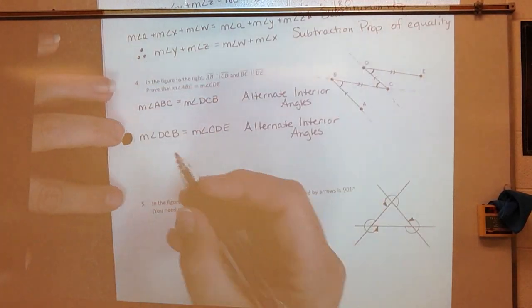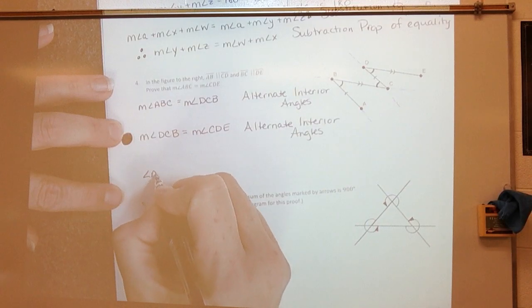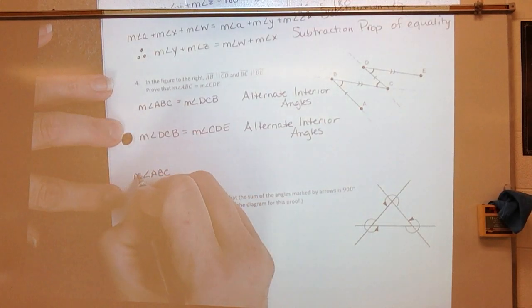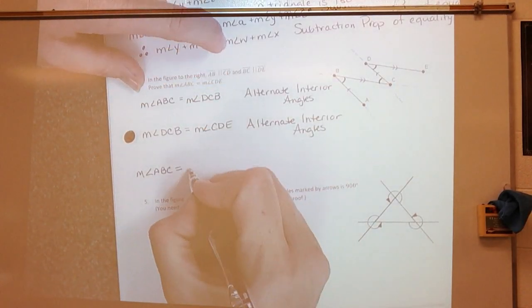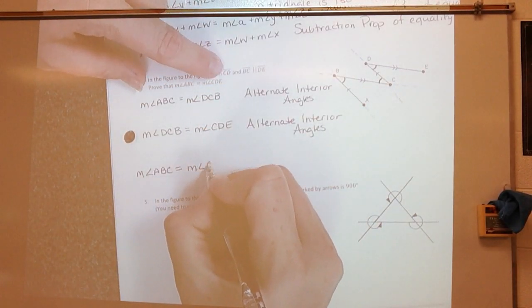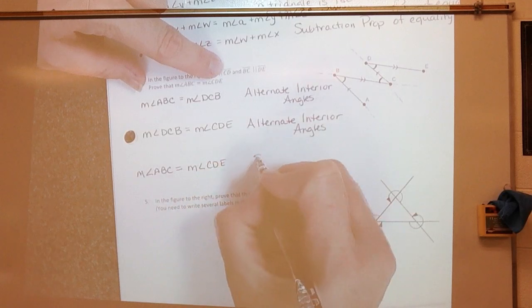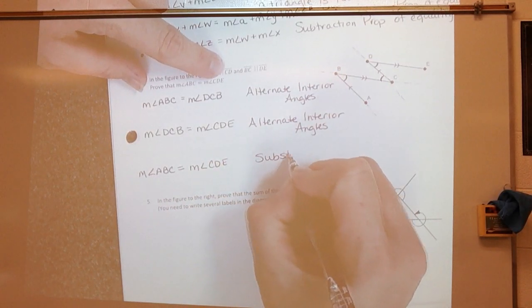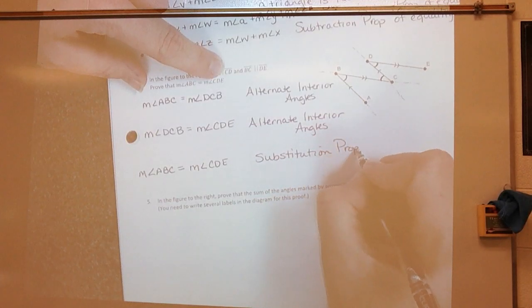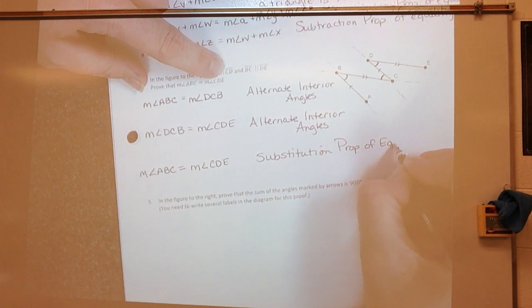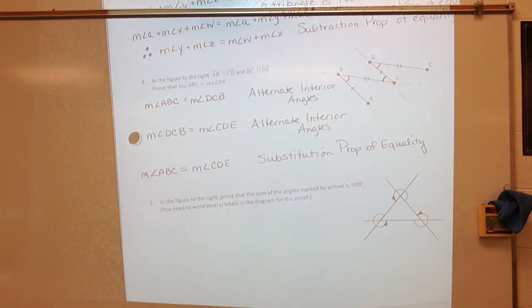So I can substitute: the measure of angle ABC is equal to, substituting this in for this, the measure of angle CDE, and that is simply by substitution. All right, I'm simply substituting what I know in.